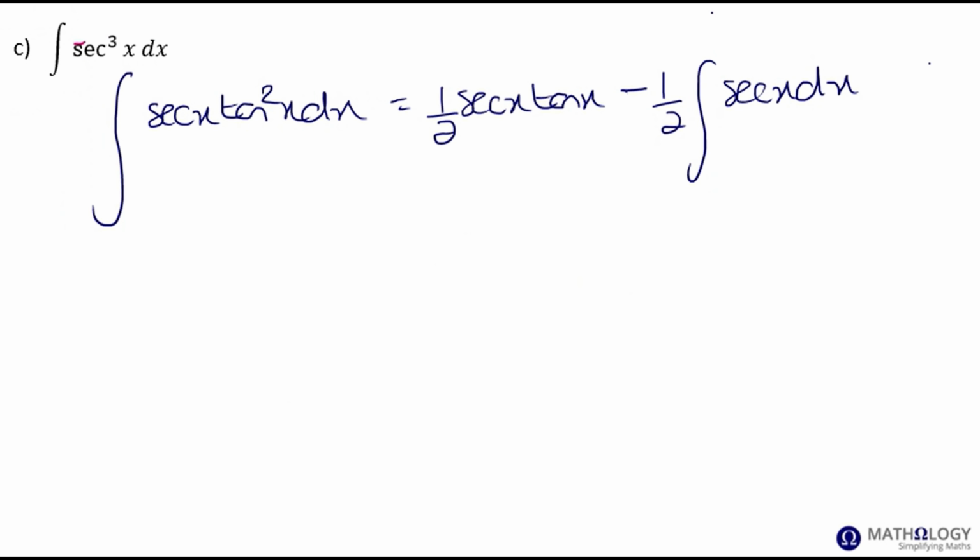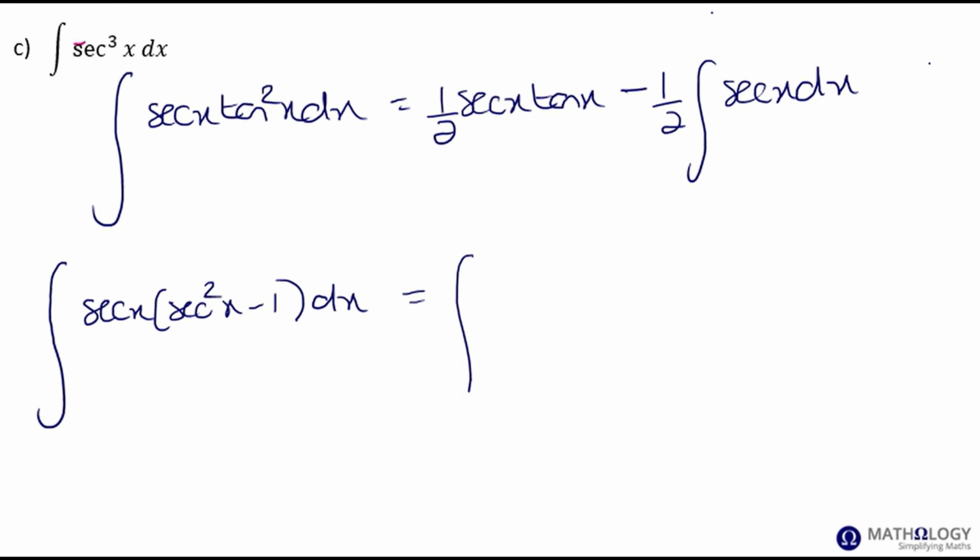So the left hand side we're going to write as the integral of sec x times sec squared x minus 1 dx. Instead of writing this all out again, I'm just going to go through the left hand side of the equation.